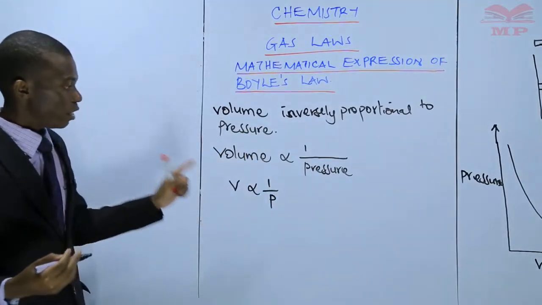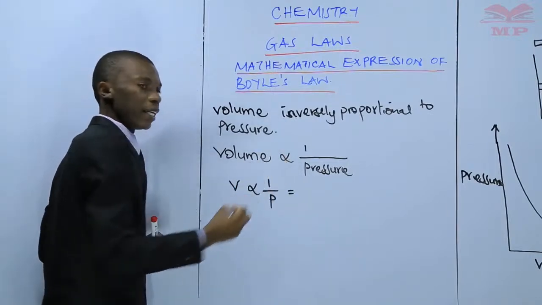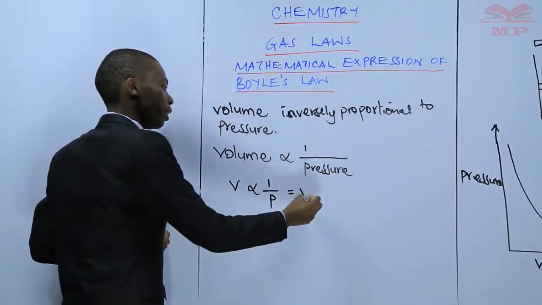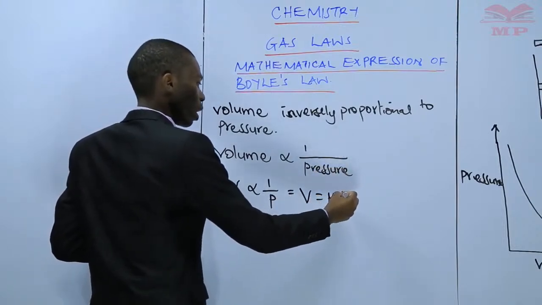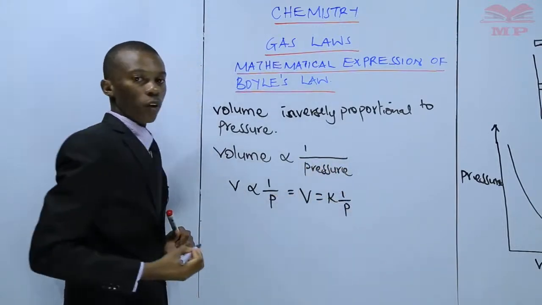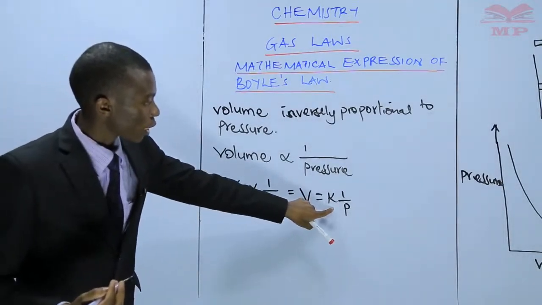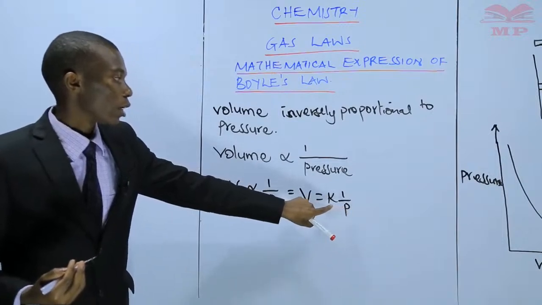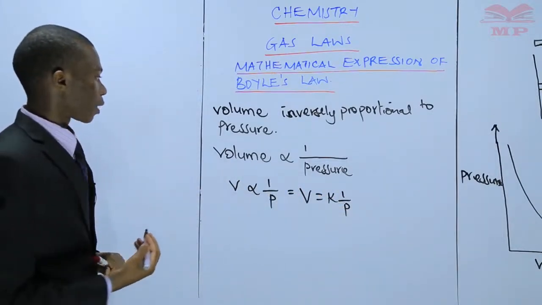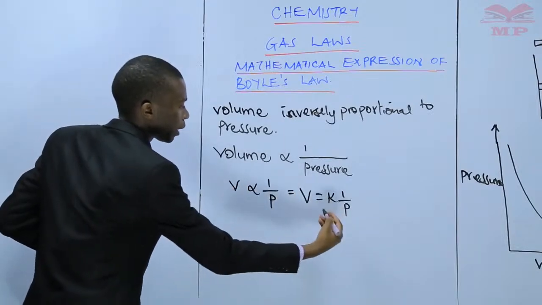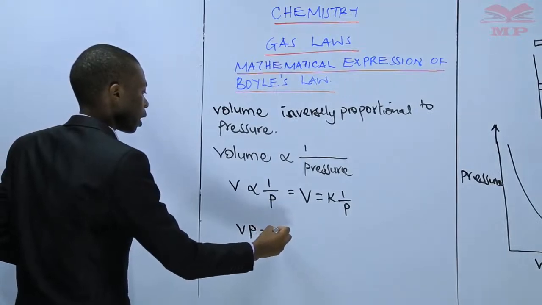And this can also be written as V equals a constant K times 1 over P. This can now be expressed as VP equals a constant.